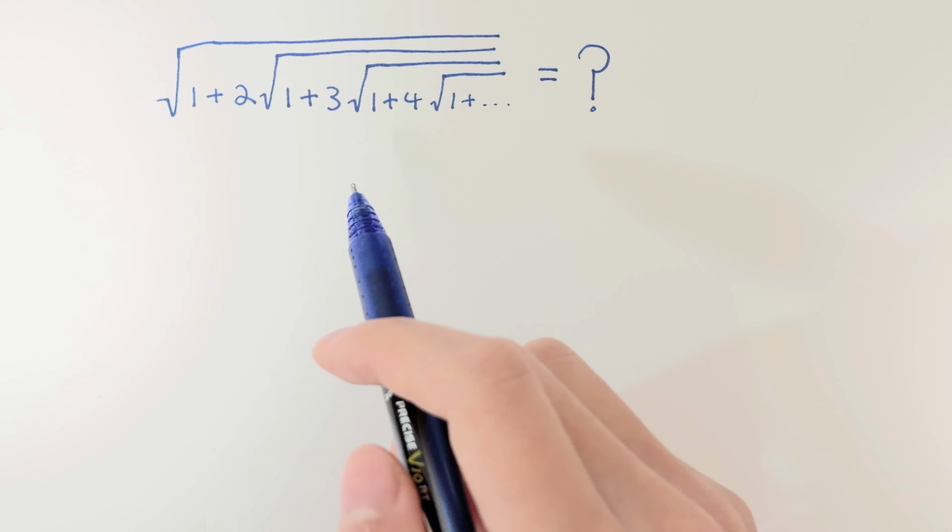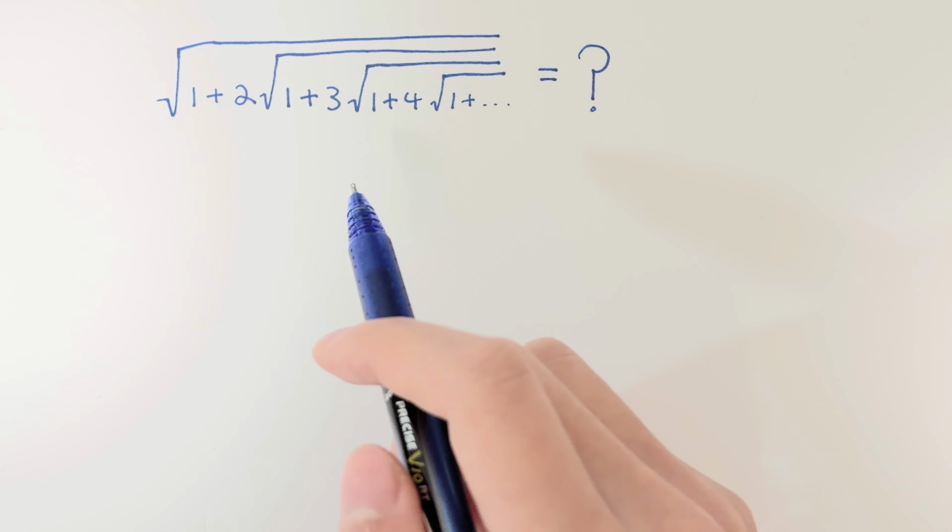Consider a function f(x) is equal to x plus 1. Well, we know that any positive number is the square root of its own square.